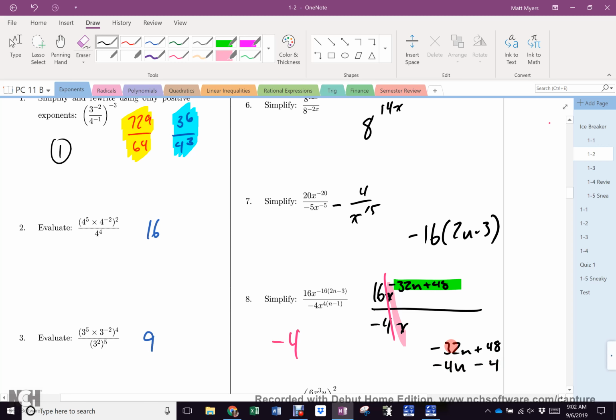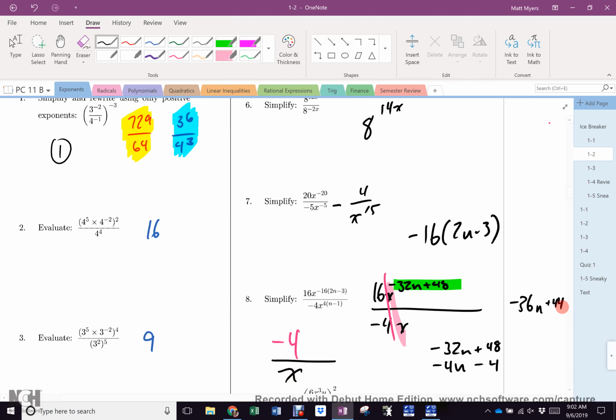So what's negative 32n minus 4n? Negative 36n. And what's 48 minus 4? Plus 44. It's a negative, so it's got to go down to the denominator. So x is down there with its positive exponent.